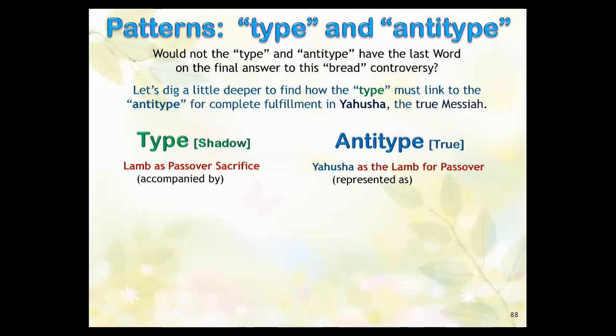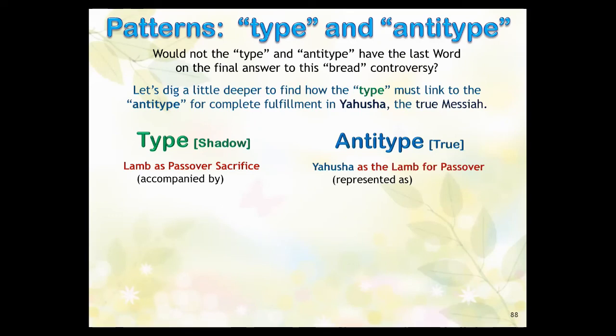So here's some examples. In the type, especially in Exodus 12, the Passover lamb sacrificed would have been the type for the antitype of Yahusha, who actually was our lamb for the Passover sacrifice.